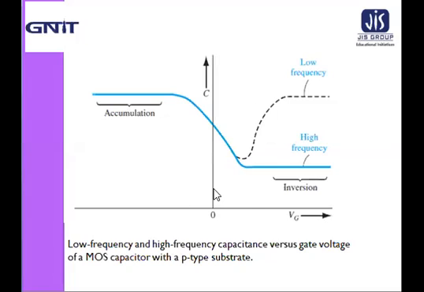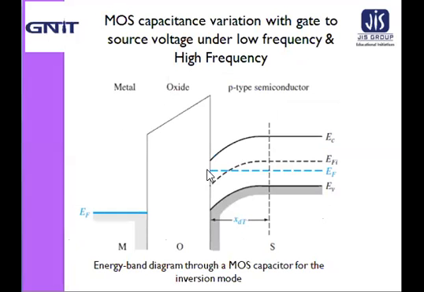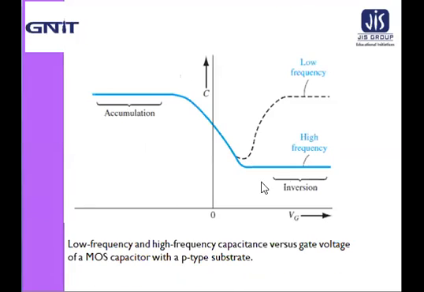That's all for today. That was the capacitance voltage characteristics for high frequency and low frequency of a MOS capacitor with P type of substrate.